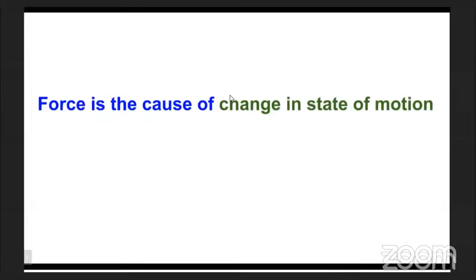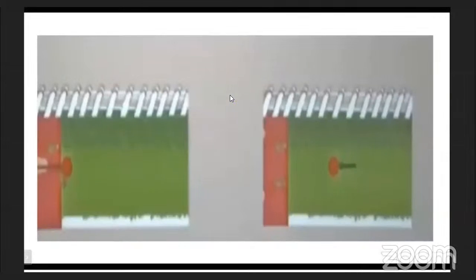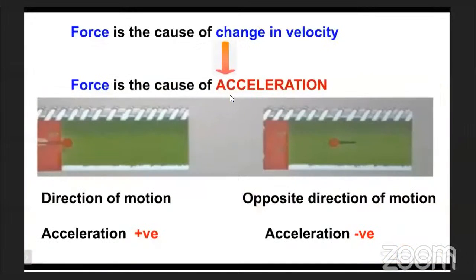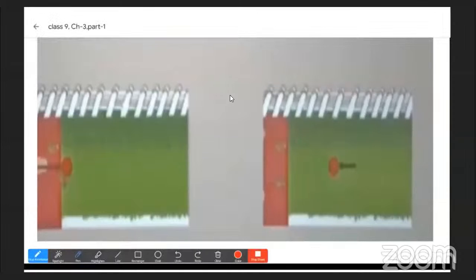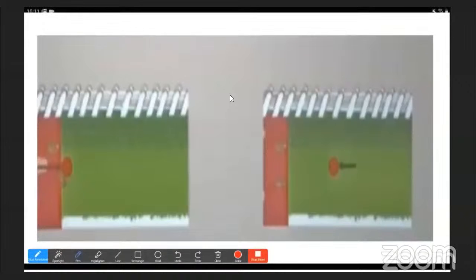So here, you can observe in this picture. Here, observe figure 1. So when we apply force to this object, it will move in this direction, right? So this is the applied force.